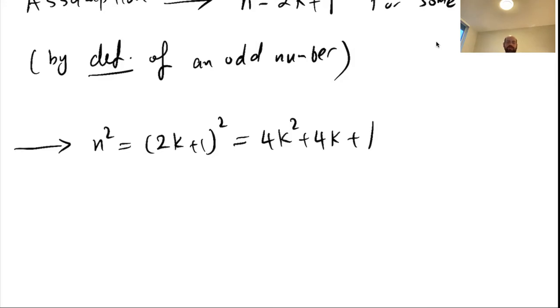Well, 4k squared plus 4k, there is a 2. I can even take 4 as a common factor. But because I want to ultimately write it as 2 times some number plus 1, I will take 2 as a common factor. So 2 times (2k squared plus 2k), and then plus 1.